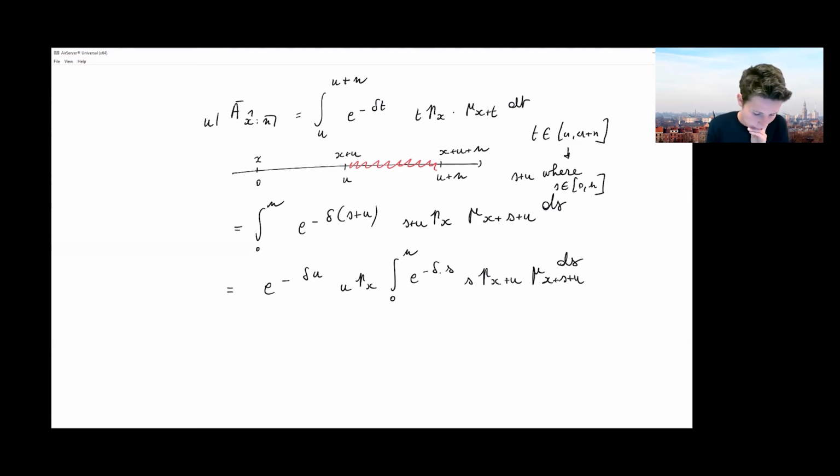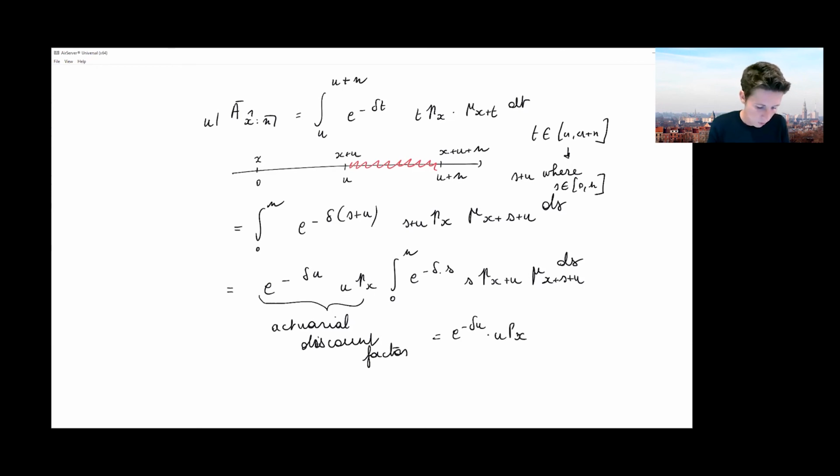So if you now look at what I put in front, this is, let's say, the actuarial discounting factor, if you need to discount over a time period of u years from time 0 on. Because what I take together here is the financial discount factor, that's e to the power minus delta u, and the survival probability, that is the u px. So if I put it together, I get e to the power minus delta times u, u px.